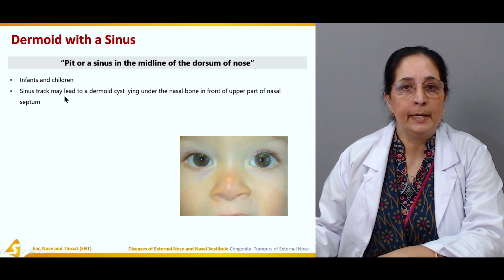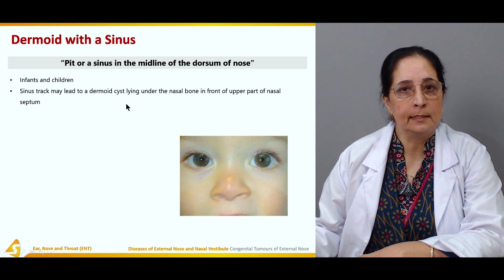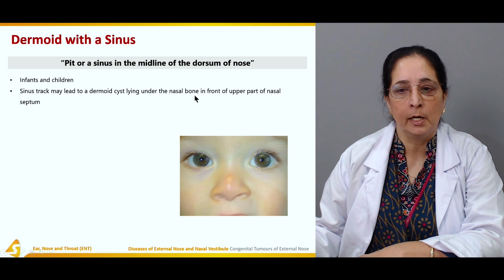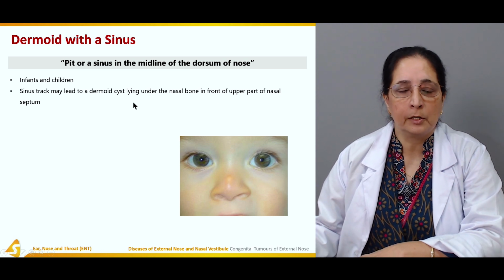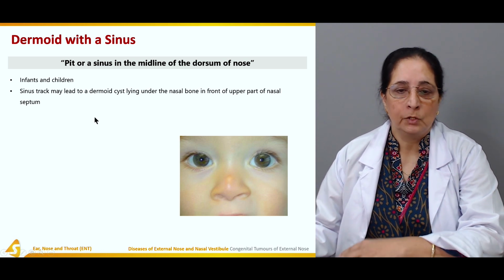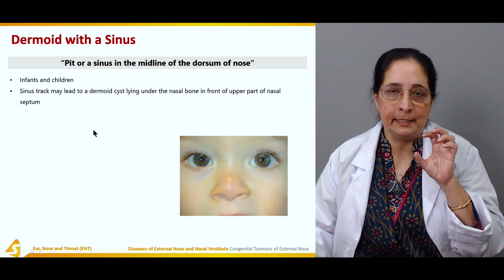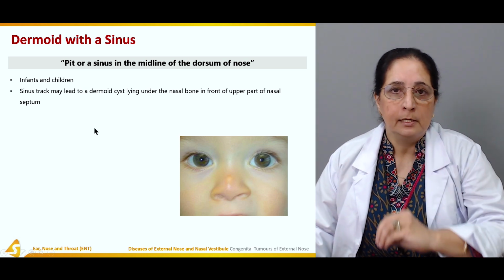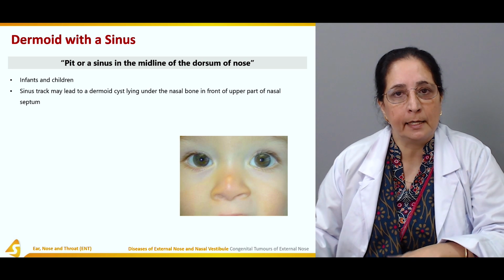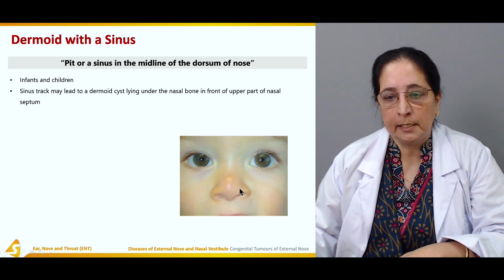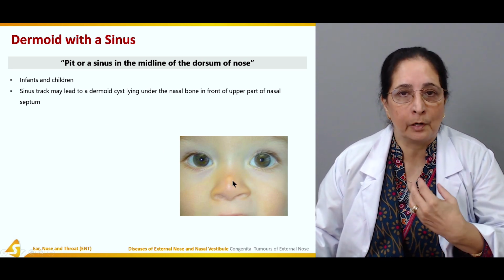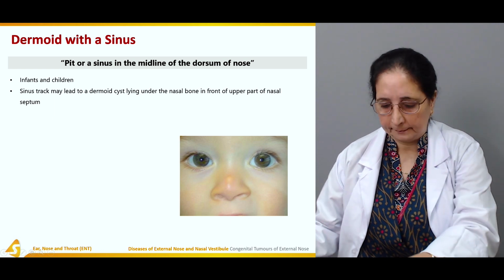Sinus tract may lead to dermoid cyst lying under the nasal bone in front of the upper part of the nasal septum. So this is the tract that leads from the top to the dermoid cyst that lies underneath. So this is the dermoid with a sinus or a tract or a pit.